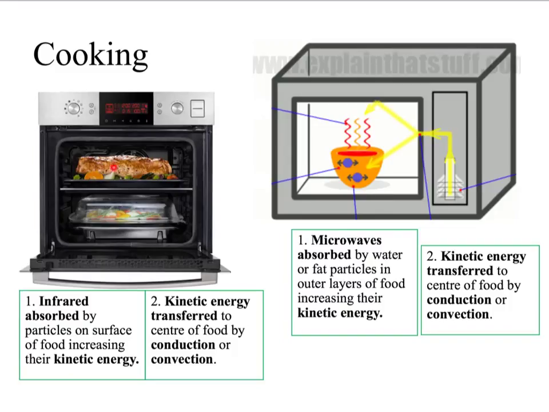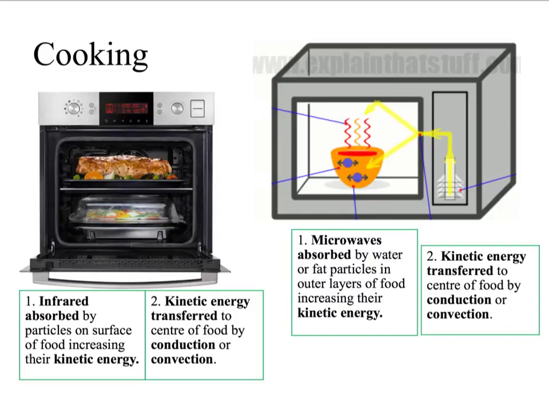In a solid like this, that kinetic energy is transferred from the particles on the outside of the food to the particles towards the centre. And gradually enough kinetic energy will be transferred so that the particles in the centre of the food also become hot. Microwaves work in a slightly different manner.